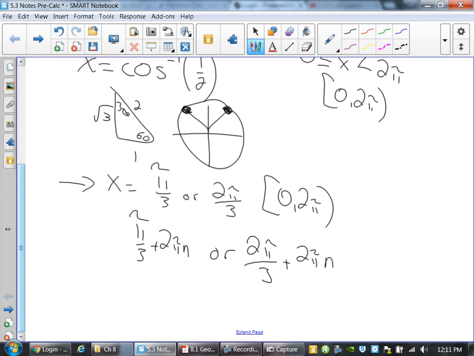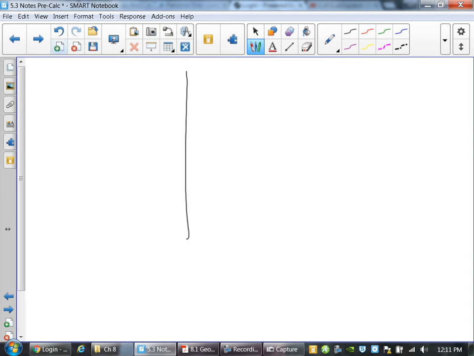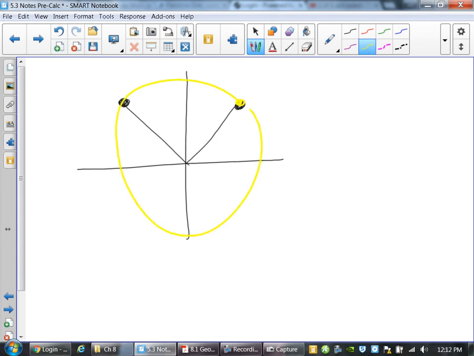So what happens here again, if we're talking about a general solution, the general solution is when you start at the pi over 3, every time you get back around one full revolution, you're back at pi over 3.